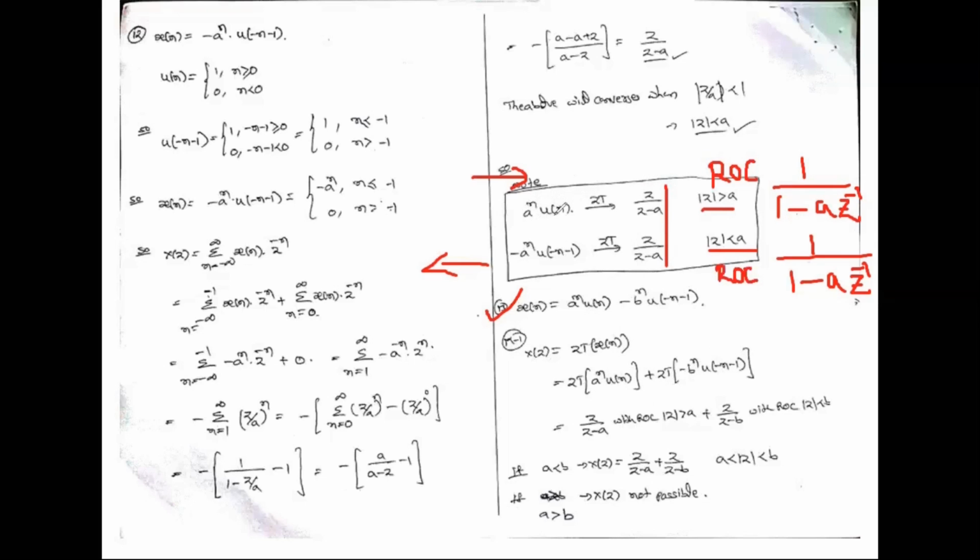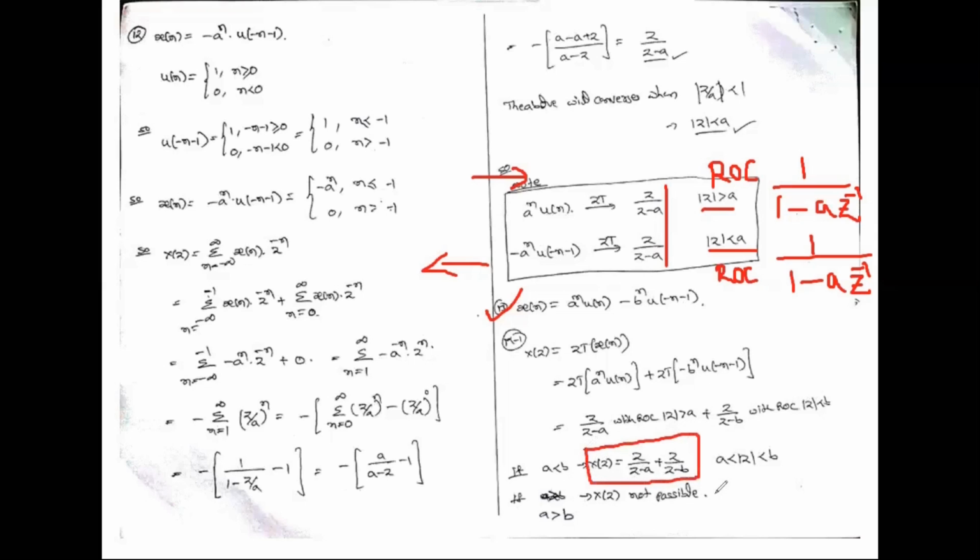Already we know a^n u[n] is 1/(1 - a z^-1), z/(z-a) with ROC |z| greater than a. Instead of a^n, we take here b^n, so it is z/(z-b) with ROC |z| less than b. Now the Z transformation X(z) is equal to z/(z-a) plus z/(z-b).